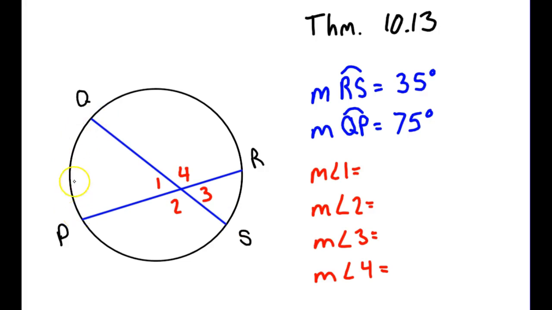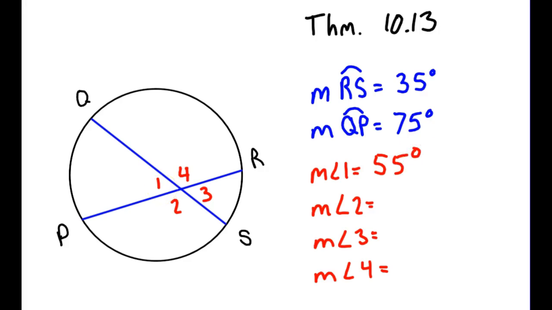All we have to do is add those two arcs together and multiply the result by 1/2. So if we add 35 degrees plus 75 degrees, you get 110 degrees. Multiply that result by 1/2. The measure of angle 1 is going to be 55 degrees.